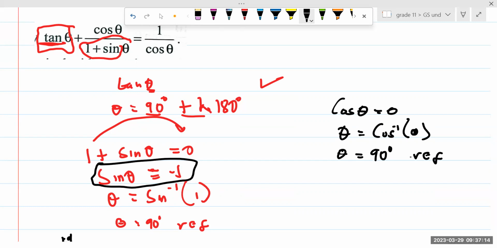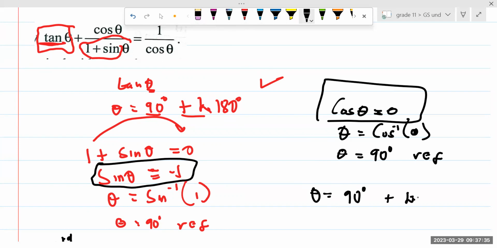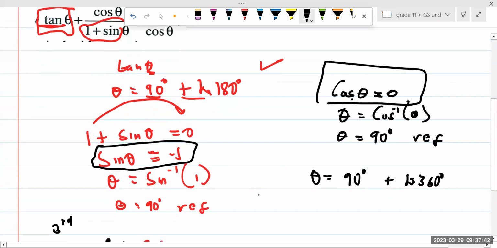After having your ref angle, we are going to say treat 0 as if it's positive. Where is cos going to be positive? So theta is going to be equal to 90 degrees plus k multiplied by 360, since we are referring to cos. And then we're also going to have the fourth quadrant.